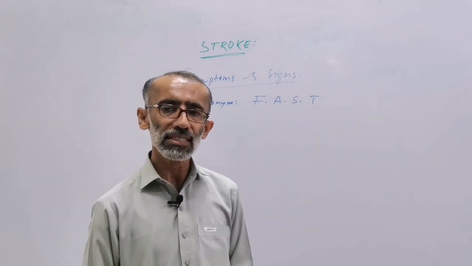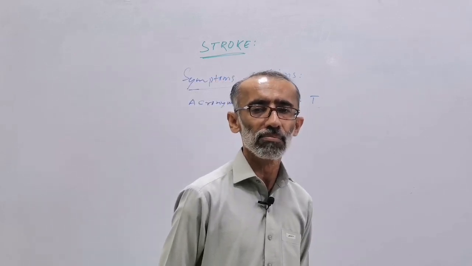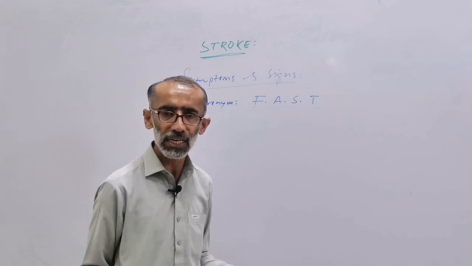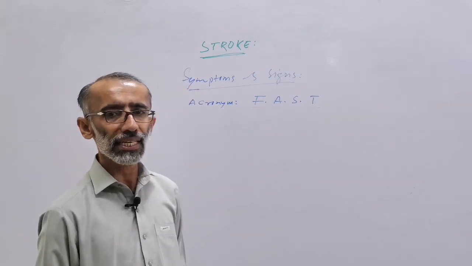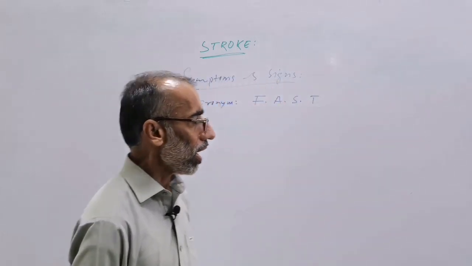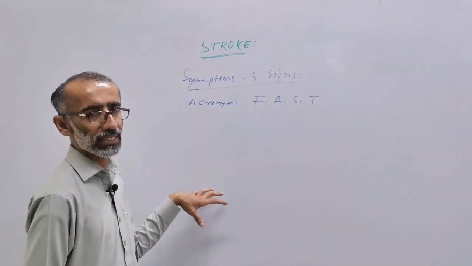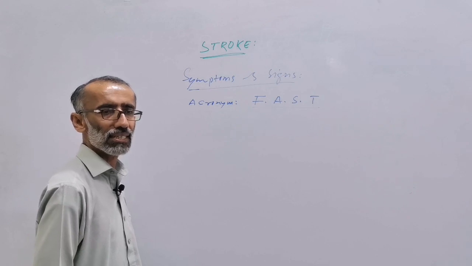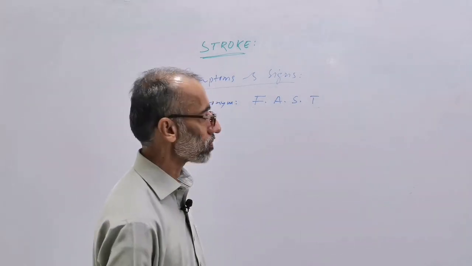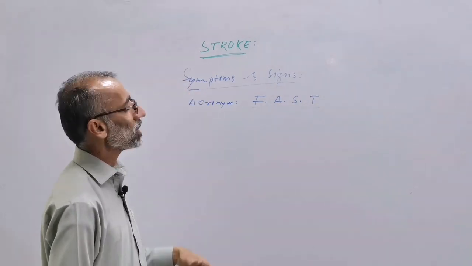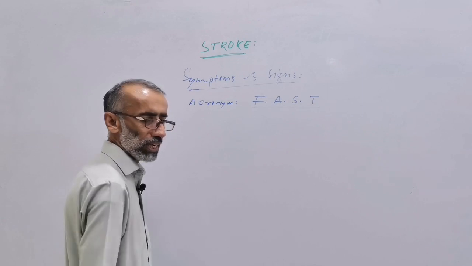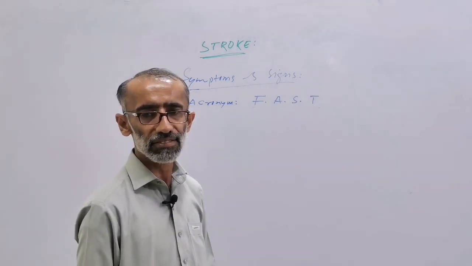There may be loss of vision in one or both eyes, or the patient may present with diplopia, or loss of balance or coordination, or severe headache with no known cause. These are the signs and symptoms of stroke. Now let us discuss the risk factors.